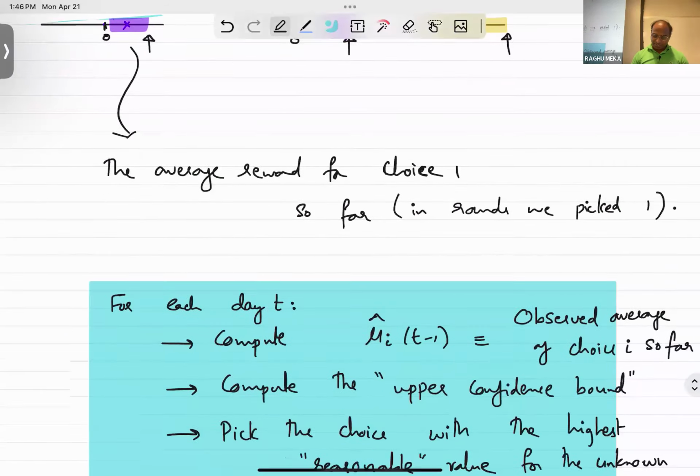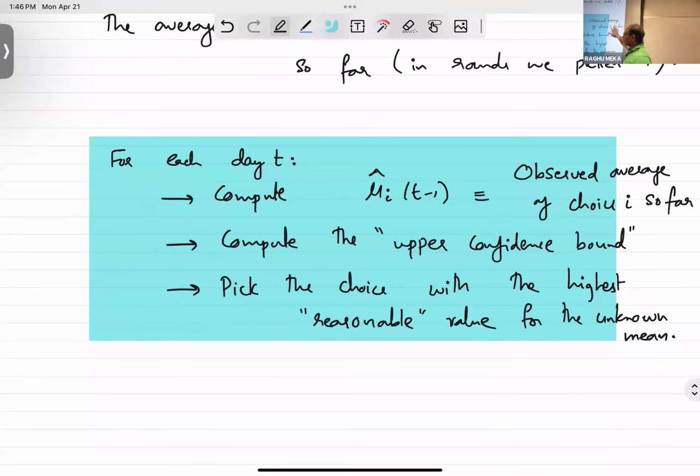So next lecture, when we come back, we'll make it formal. Like, how do you compute this upper confidence bound? The intuition is that you have an actual empirical value, and depending on how many times I've made this choice before, I can decide how broad this interval has to be. Right? The width of this really only depends on how many times you've chosen this particular person.